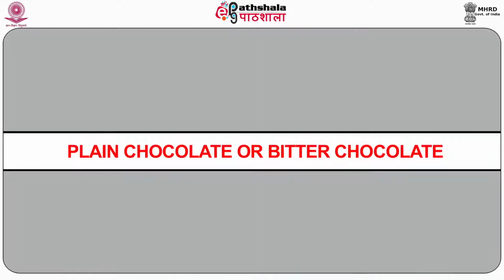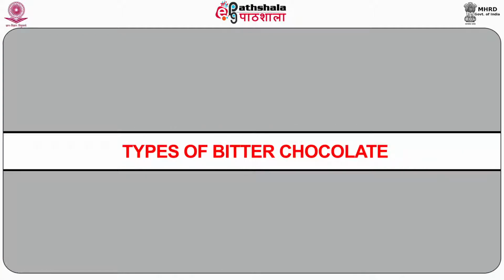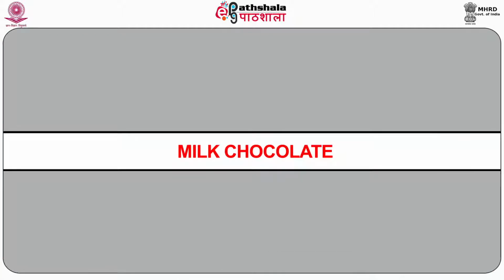Plain chocolate or bitter chocolate should contain 60% of cocoa solids, and a good quality dark chocolate should contain a small quantity of sugar, and sugar is added to enhance the flavor. Types of chocolate: milk chocolate.